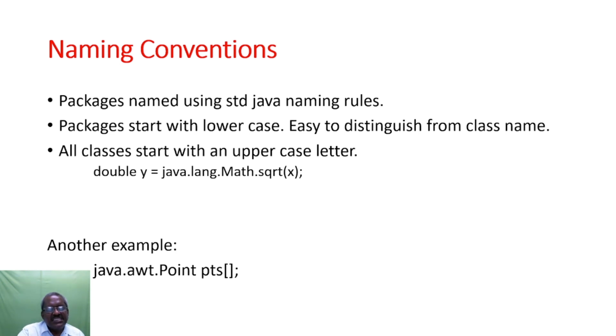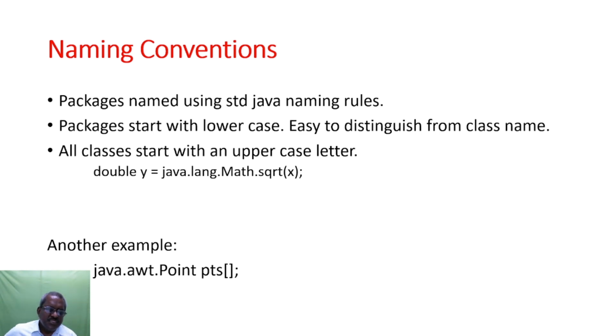So here Math is a class and sqrt, the square root, is the function. Java is a package, lang is a package, inside that you have the class Math, and in Math you have the square root method. It is a convention used.